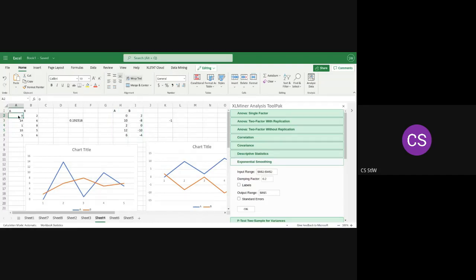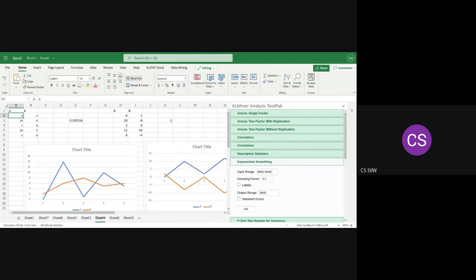So the correlation coefficient is usually between -1 and +1. It tells us how strongly two variables are related to each other. +1 indicates positive correlation: as x increases, y increases, or as x decreases, y decreases.